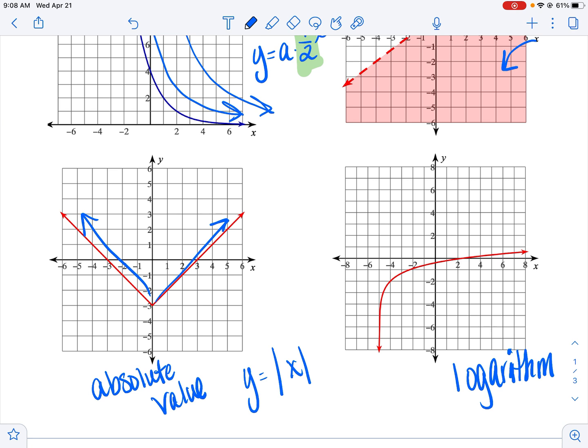So this is actually a logarithmic graph. This one has an asymptote here. It approaches -5. It'll never get quite to -5. So this would be y equals the log of x.